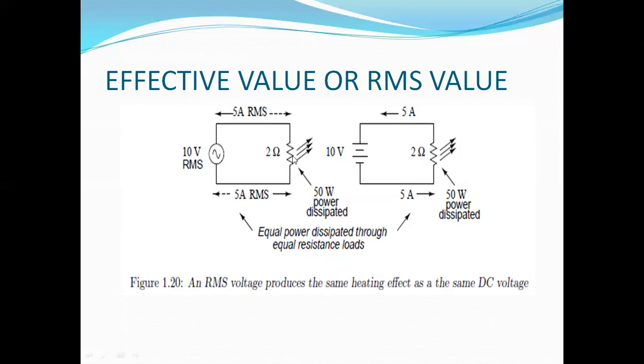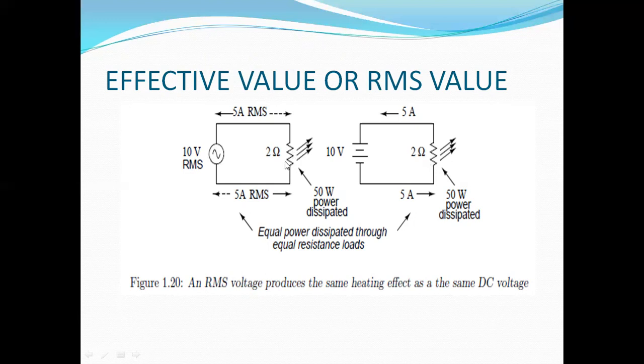So here is a 2 ohm resistance, and through this 2 ohm resistance we have allowed to flow the DC current as well as the AC alternating current. So here we have a 10 volt RMS signal and a 10 volt DC. Battery is connected, here AC signal is given. Okay, so that much amount of current we allow to flow through this 2 ohm resistor for a particular time period. In the same time period, we allow DC as well as AC current to flow.